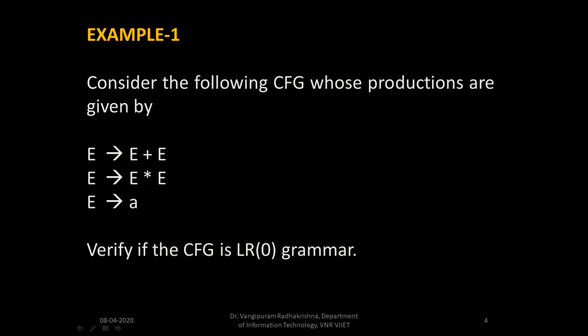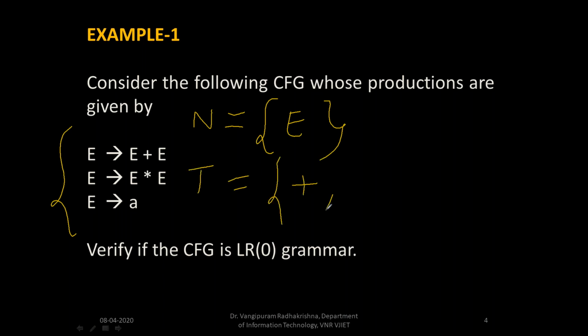We have the productions: capital E derives E plus E, capital E derives E star E, capital E derives small a. Looking at this context-free grammar, we can say that the non-terminal set is E, and the terminal set is plus, star and a.